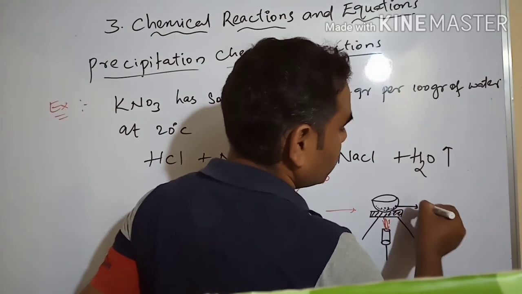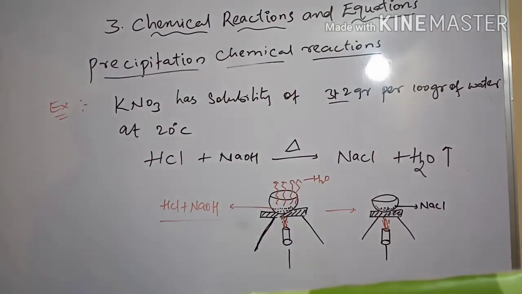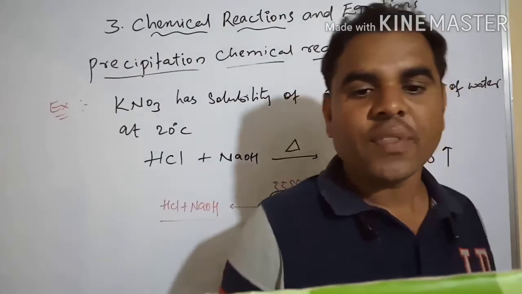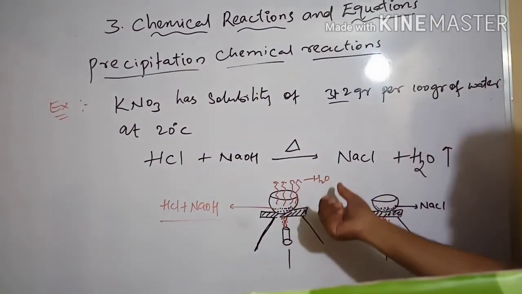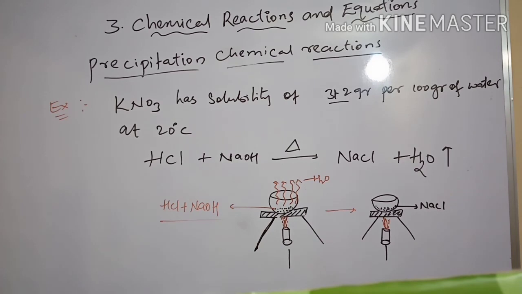This is sodium chloride. This is the activity we completed. If the temperature is increased, excess water is removed and finally we get sodium chloride.